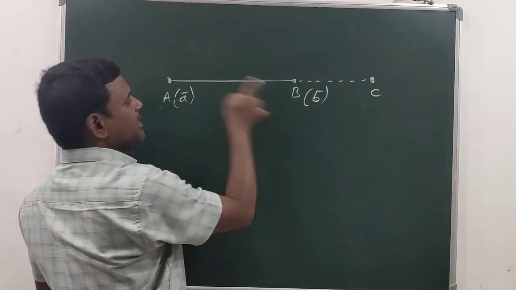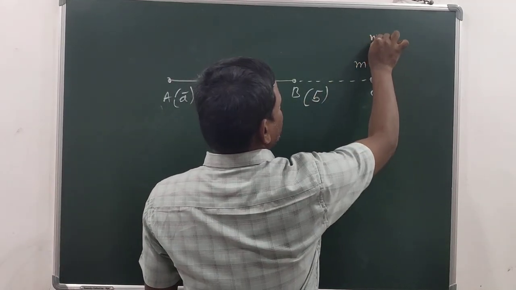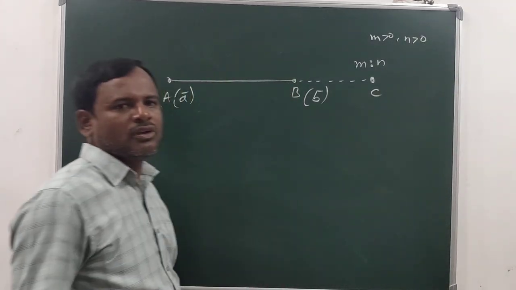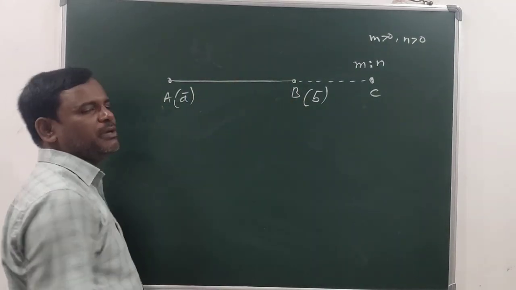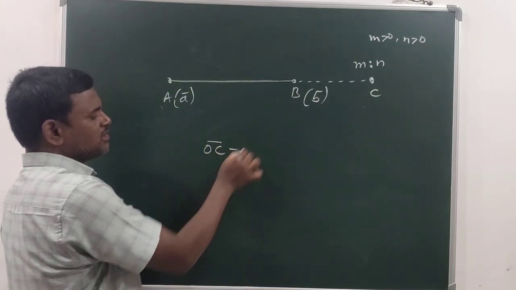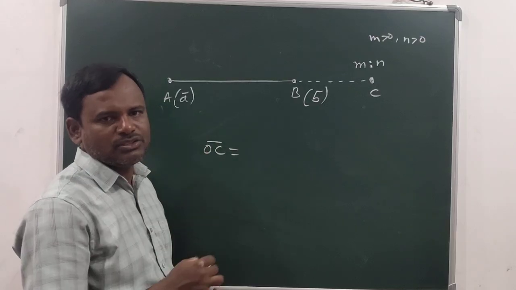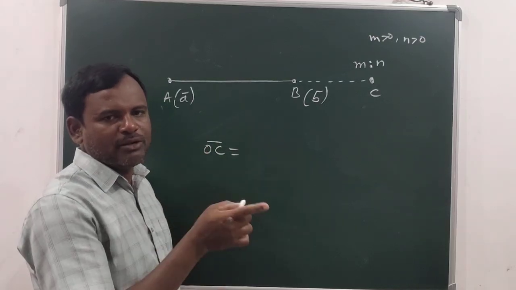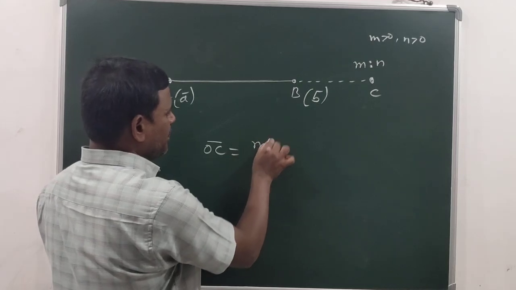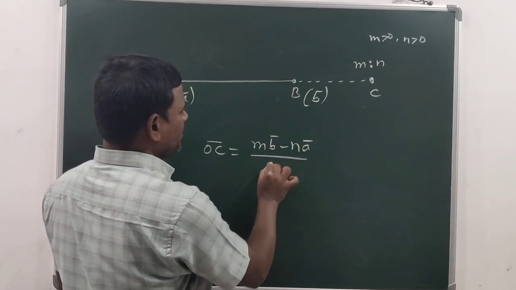And C is dividing AB in the ratio of m is to n, where m is positive, n is positive. Which means that CA by CB you have to find. So the position vector of OC is the same as the previous section formula, but in the middle you will get a minus. How do we get the minus? Which you learnt in 2D. So m B bar minus n A bar by m minus n.